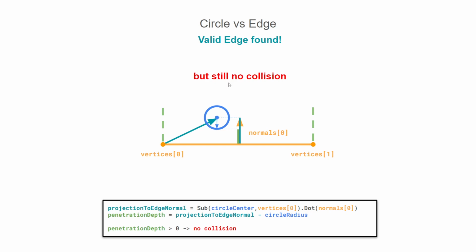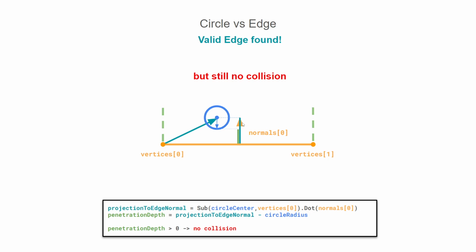Okay, and we can do this. This is an example for no collision. We again create a direction vector from the vertex at position 0 to the circle center. Then we take the dot product again with this direction vector, the green one, with the normal vector, which again is perpendicular to the polygon edge.